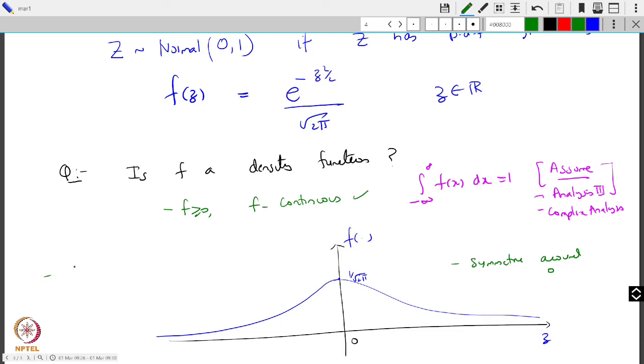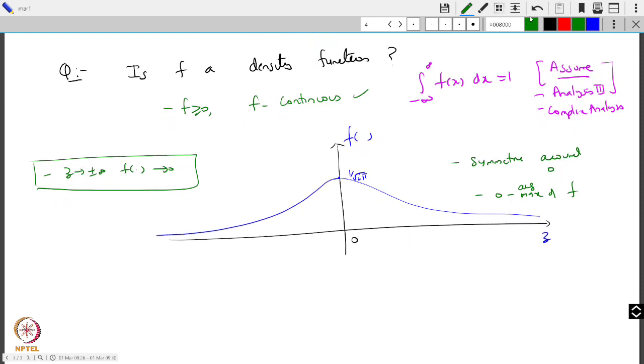So as z goes to plus or minus infinity, f of z goes to 0 very, very fast. And f of 0 is the maximum, so 0 is the argmax. So that's one observation.